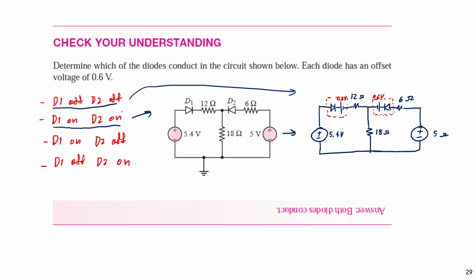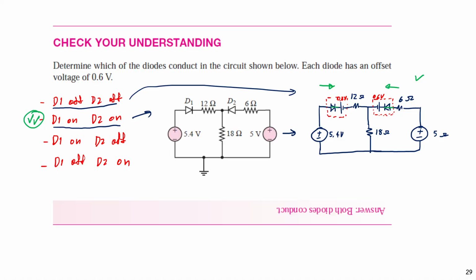If you choose both diodes conducting first, you will get the corresponding solution, with current flowing in this direction and this direction. So your assumption is correct. You're lucky, right? Because we have four conditions.